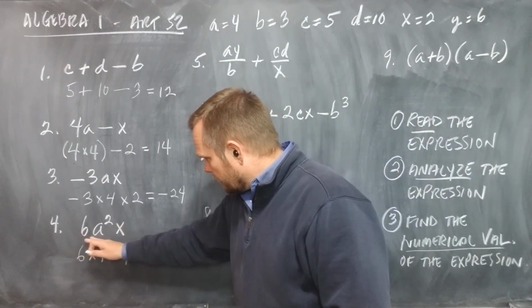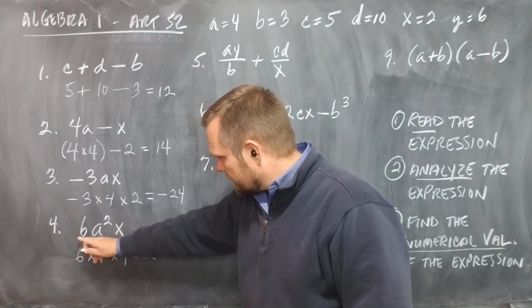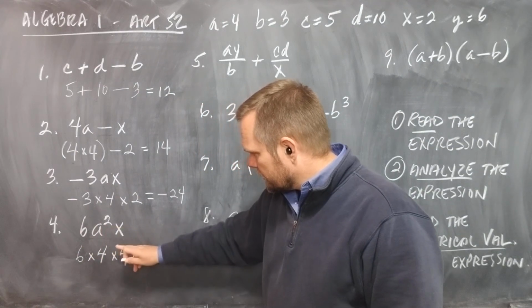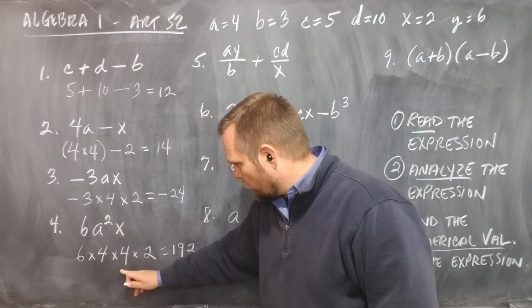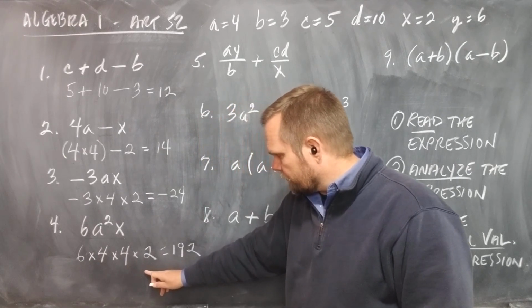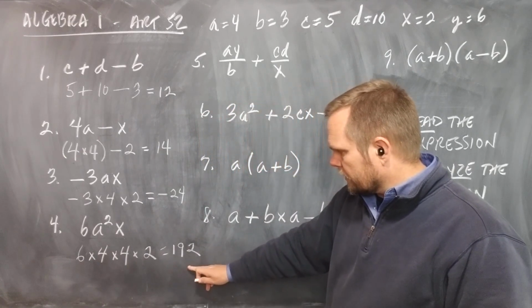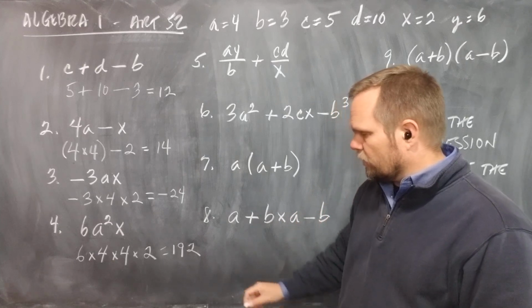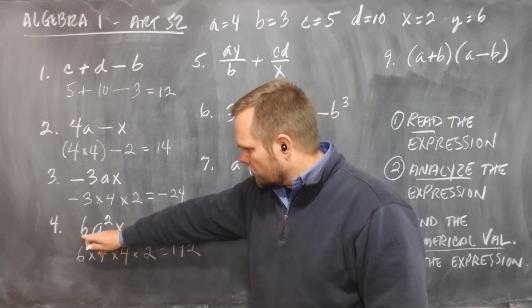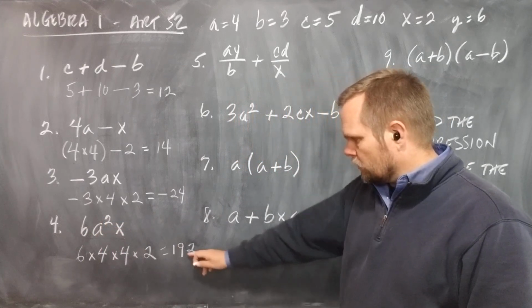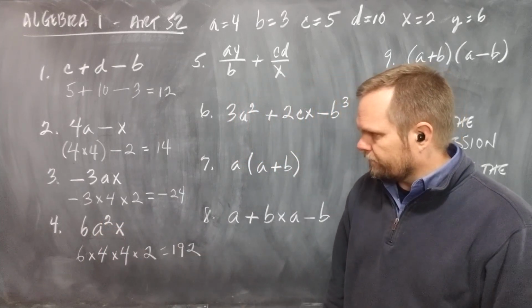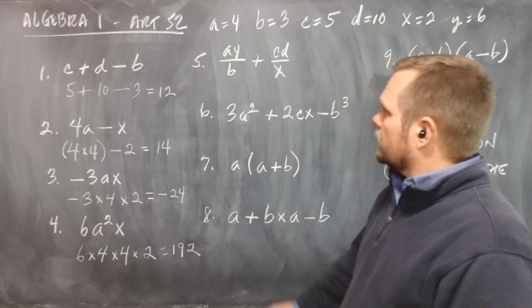But writing out this expression, 6 times a squared times x, we have 6 times 4 times 4 times 2. And that gives us a product of 192. So the numerical value of 6a squared times x is 192. Number 4. On to number 5.